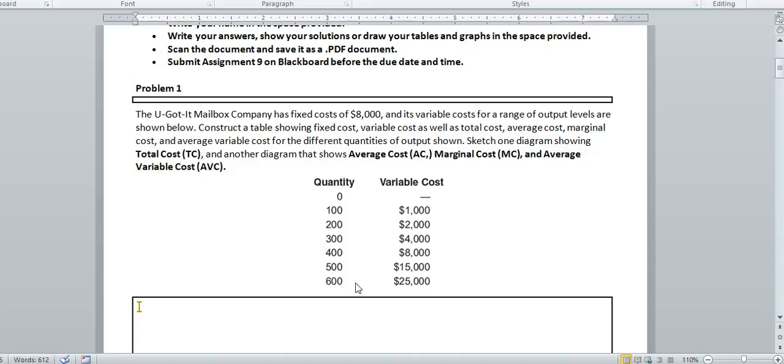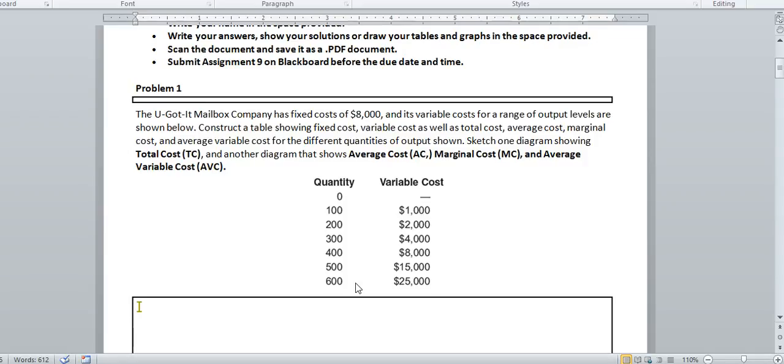And then we want to sketch a diagram or graph showing just total cost, and another that has 3 curves on it. Your second graph should have the average cost curve, the marginal cost curve, and the average variable cost curve.